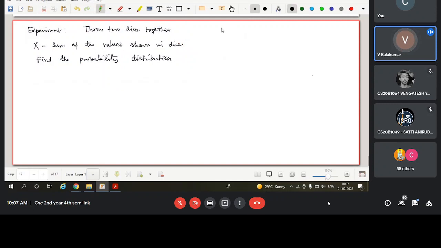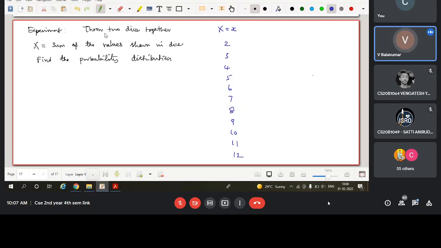Let me write down here that this capital X can take these values. It will be 2, 3, 4, 5. What are the total possibilities for this experiment?